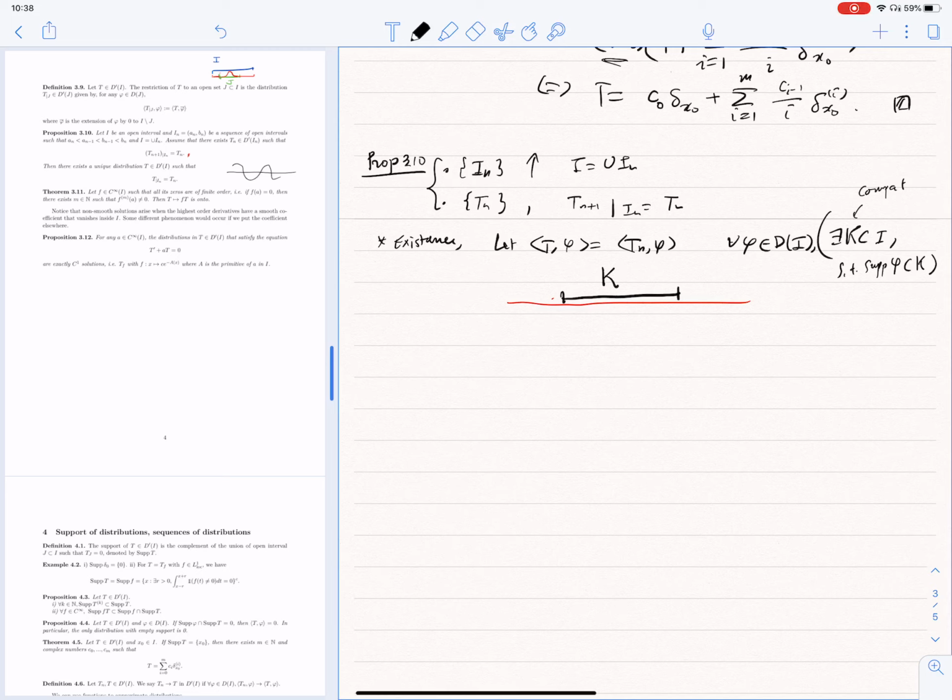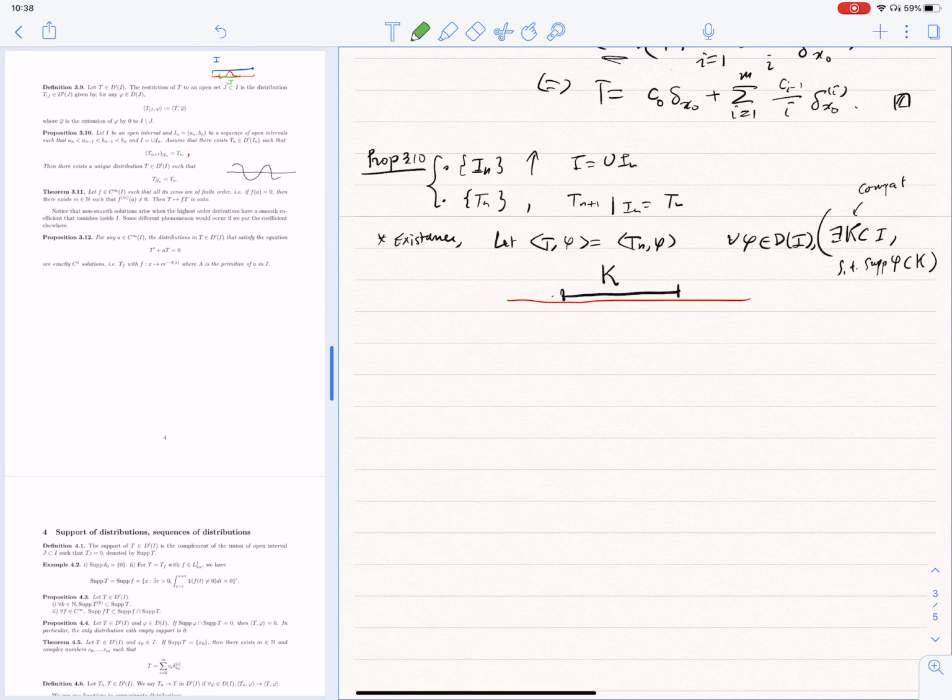This is the K, and we also have a sequence of intervals I_n, which increases eventually to I. So there exists such an interval I_n. Here's the proof: there exists I_n such that K is included in I_n, and I_n is an open set.